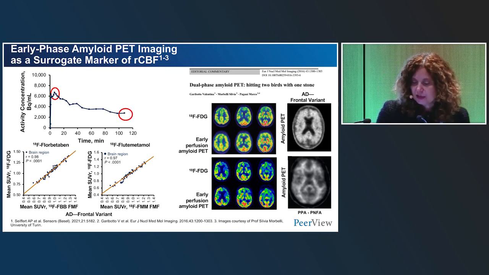So these are just some examples of a frontal variant of Alzheimer's disease, in which, in any case, the presence of brain amyloidosis is the most important information from my point of view.